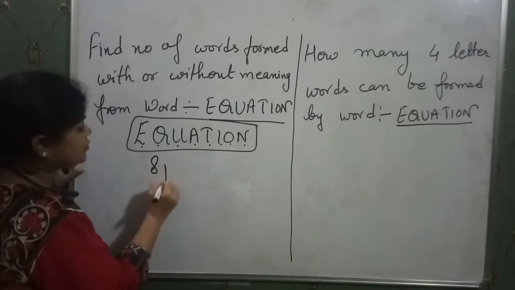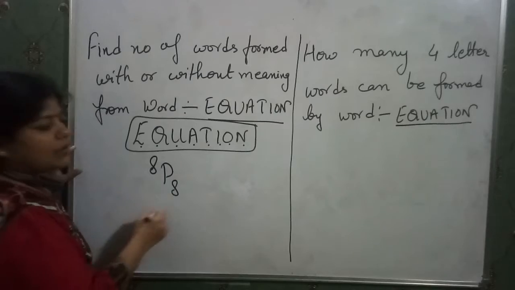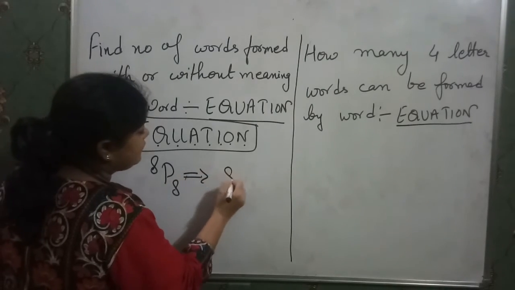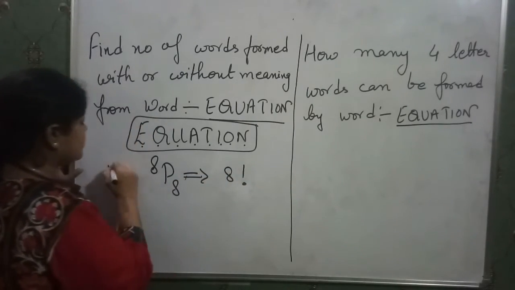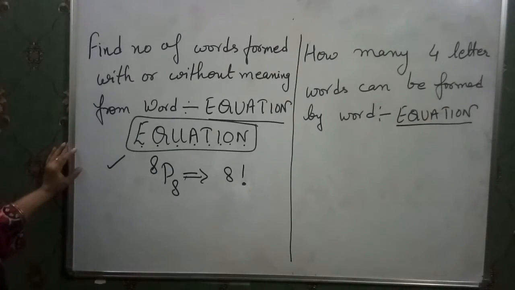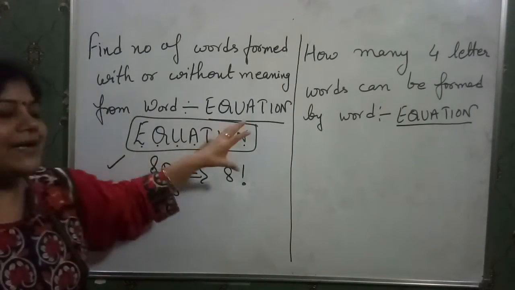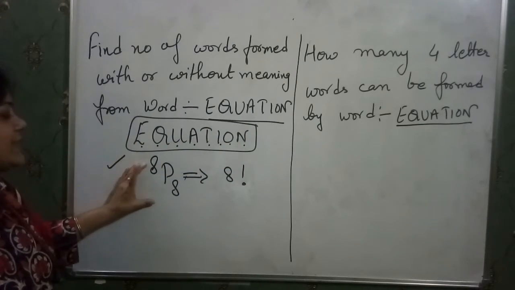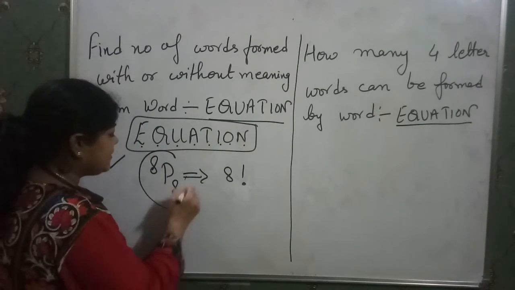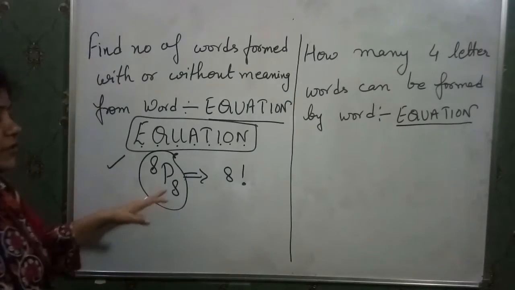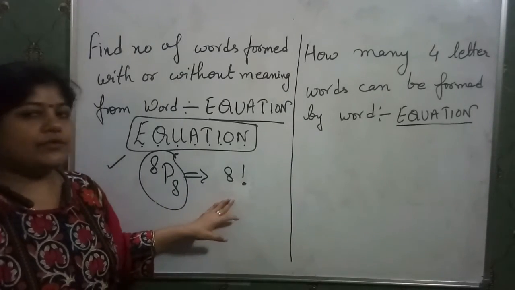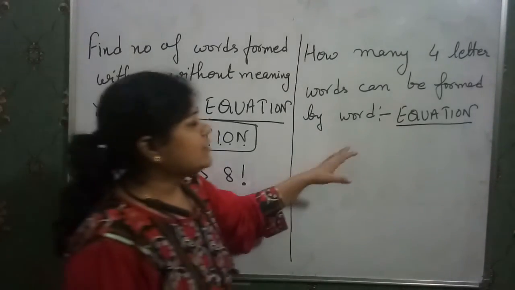It means 8P8, or you can simply write factorial 8. This is your answer. Clear? It means count the number of letters, and if all are distinct, find the answer either by the permutation 8P8 or simply factorial 8. Now take another case.